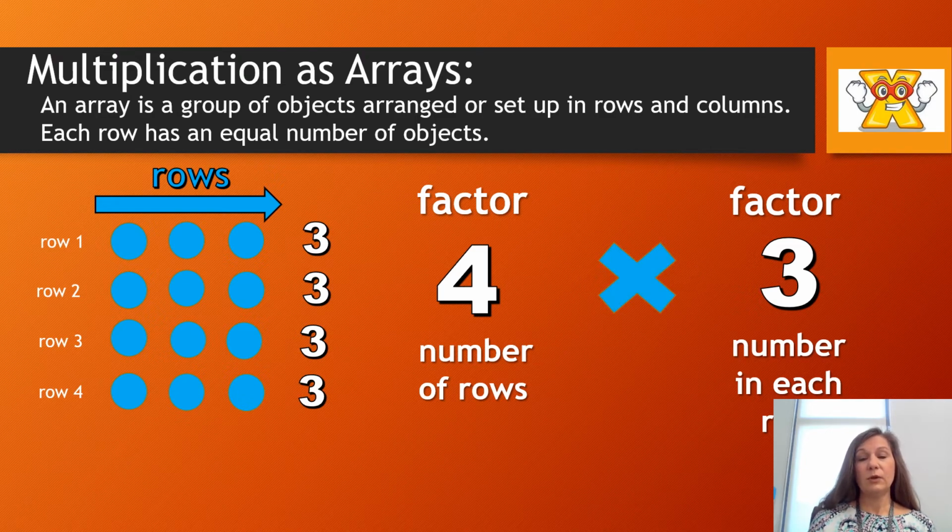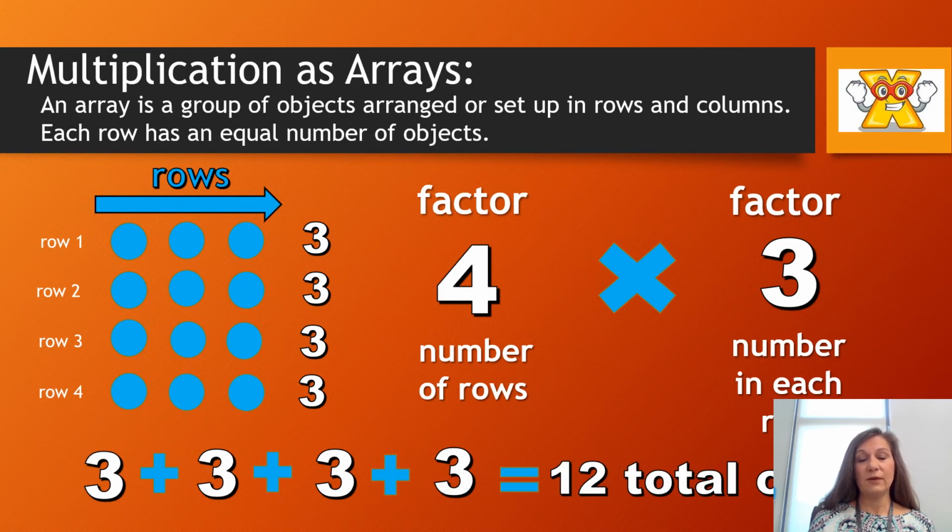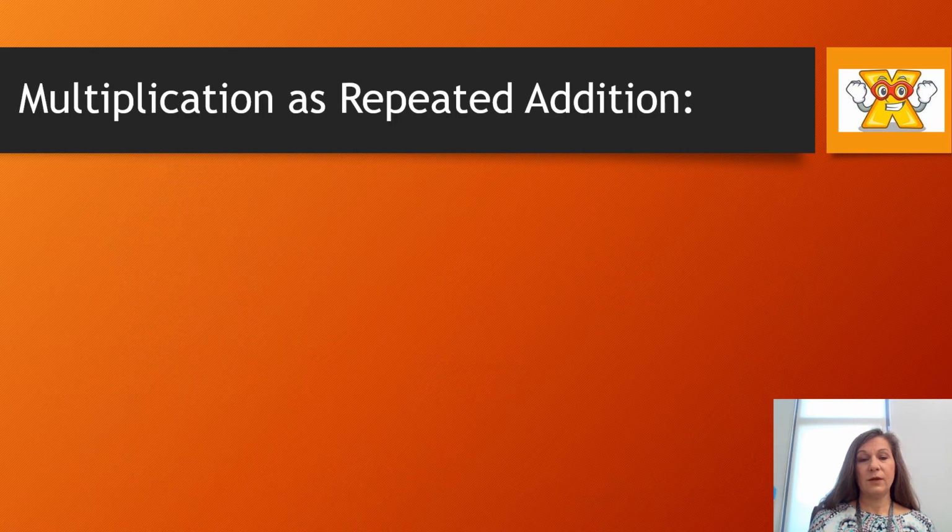So if we use our multiplication symbol, we can say we have 4 times 3 because we have 4 rows with 3 in each row. 3, 3, 3, and 3, and when we add those together, we're still going to get 12 total objects.